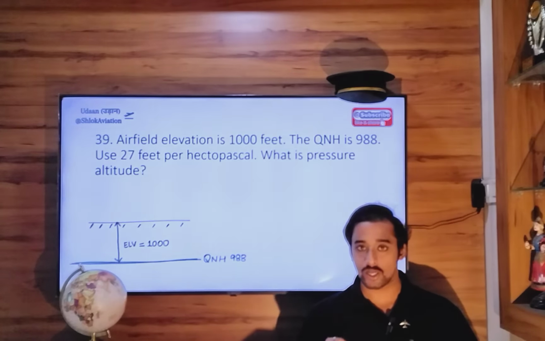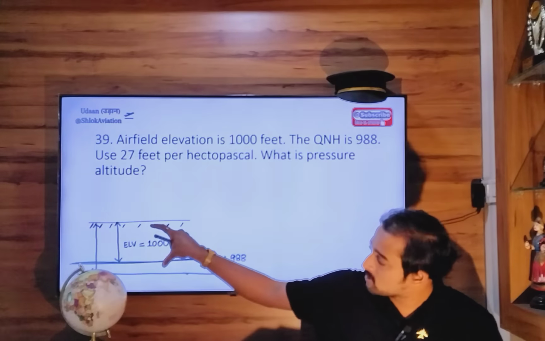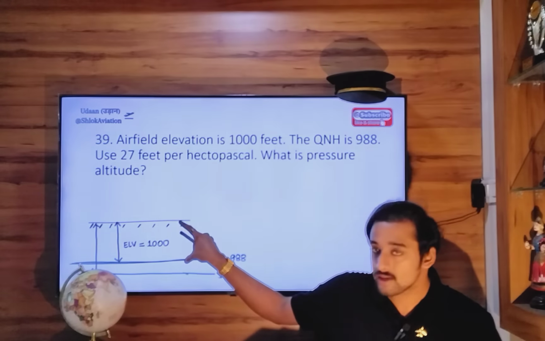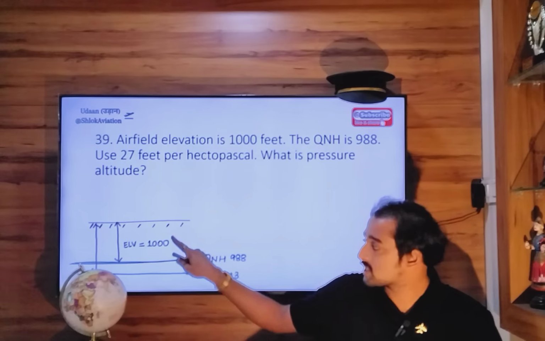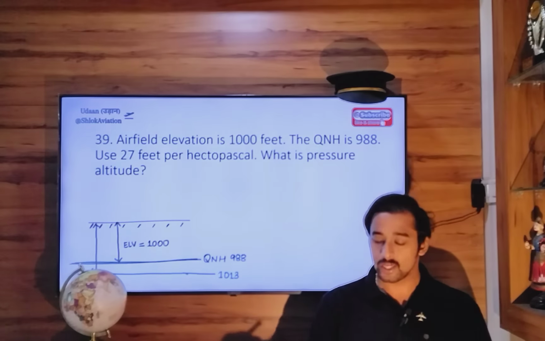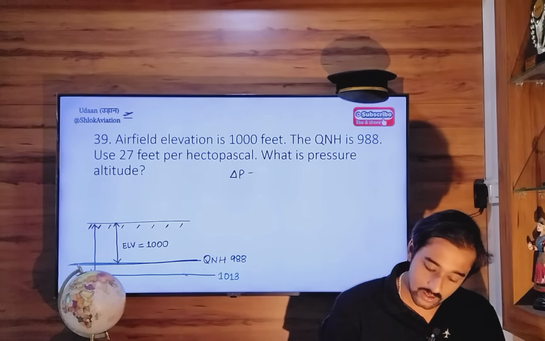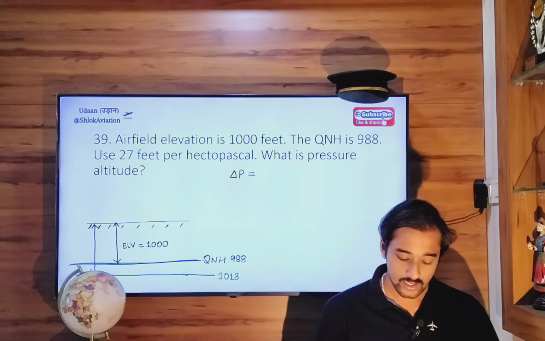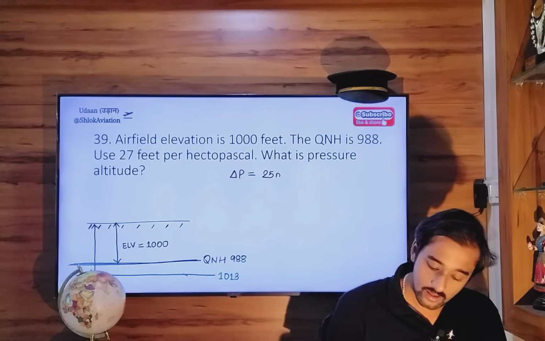Now we have to find pressure altitude. So to find pressure altitude, you will have to measure your vertical distance from 1013 pressure level. Now we know this much is 1000 feet. So we have to find this little extra value in order to find this entire pressure altitude. The difference between two pressure levels 1013 and 988 is 1013 minus 988, 25.